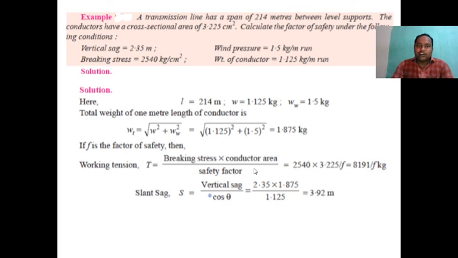We don't know the factor of safety, but we know the tension. Next, find sag S, which is equal to vertical sag by cos theta. We get 3.92 meters. So substitute the breaking stress. We don't know tension T and the factor of safety.